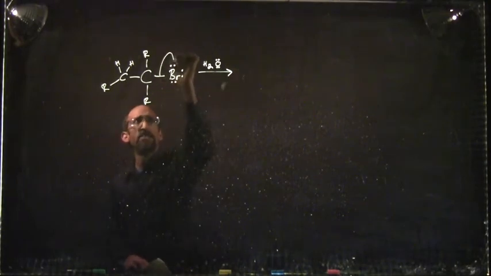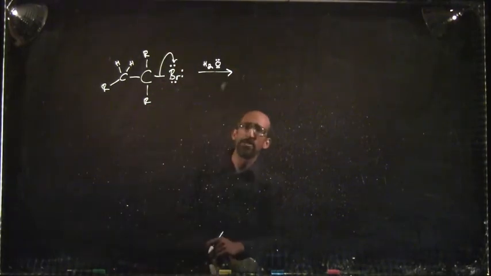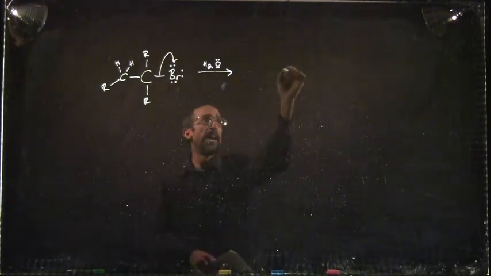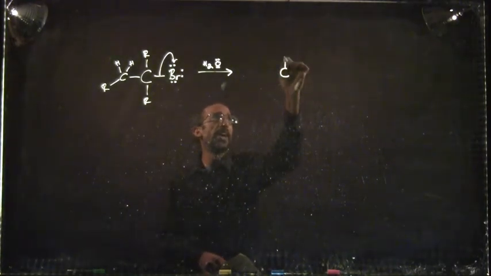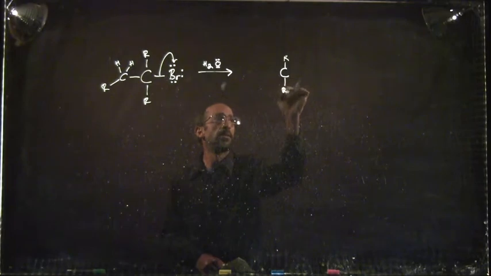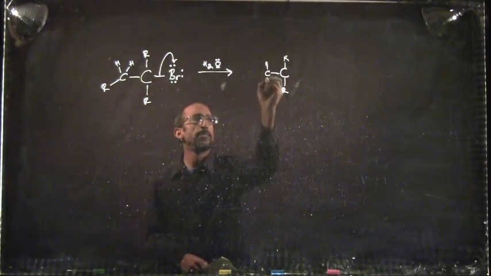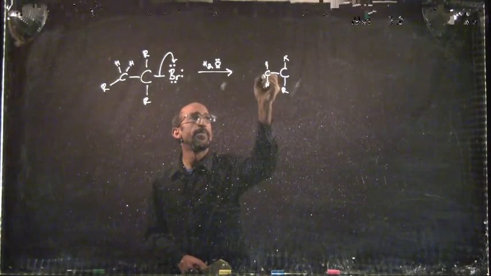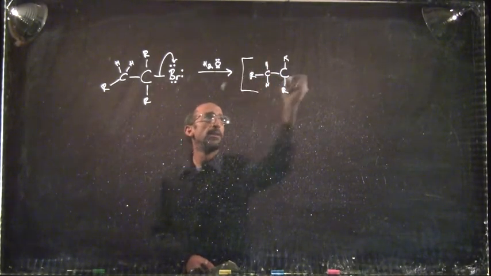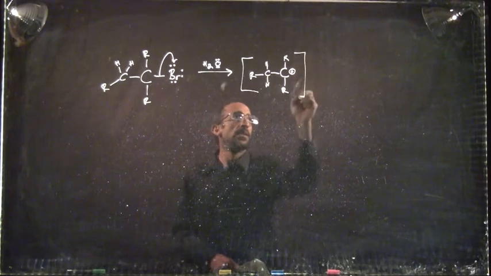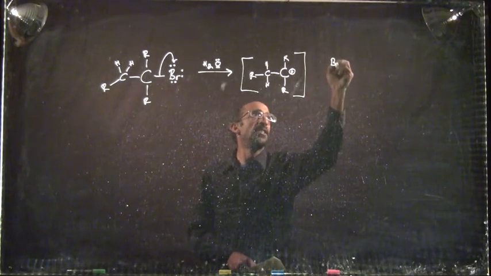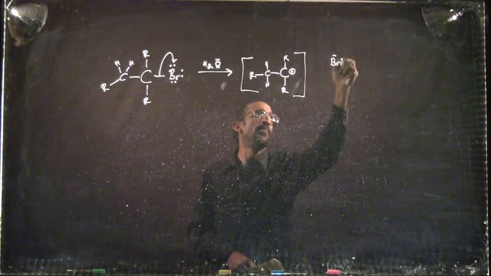First thing that happens, our bromide dissociates to generate our carbocation. So here now we have our carbocation, and we've got our bromide anion leaving group.